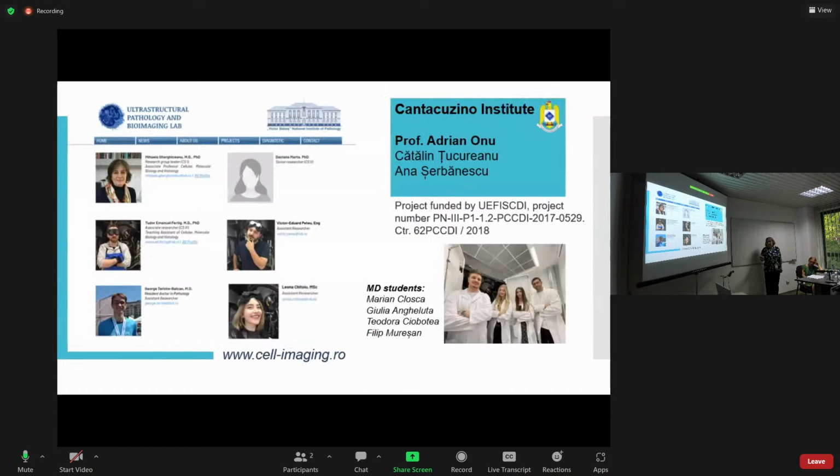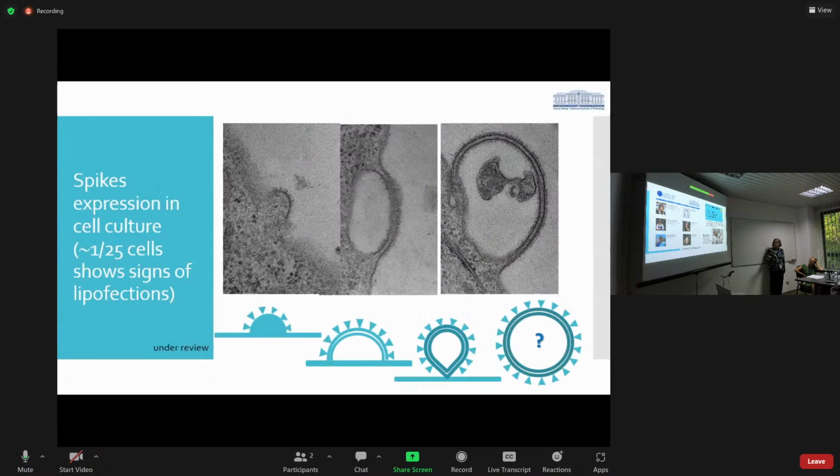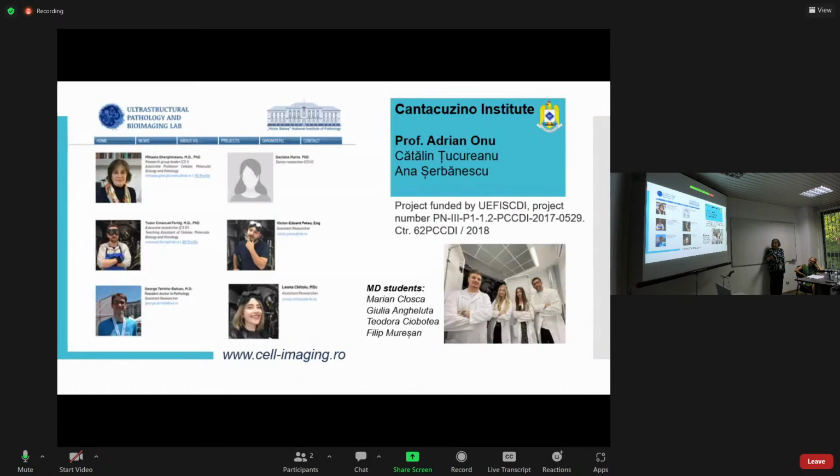This is the team of my electron microscopy lab. Emmanuel is the one who performed the testing of cells in culture with vaccine administration, and he tried to reconstruct the spike proteins from the cryo-electron microscopy images.